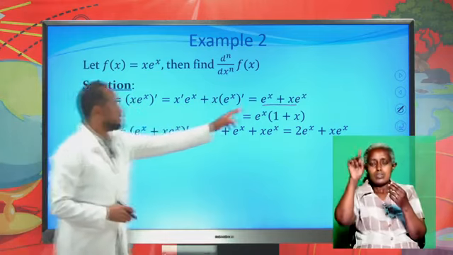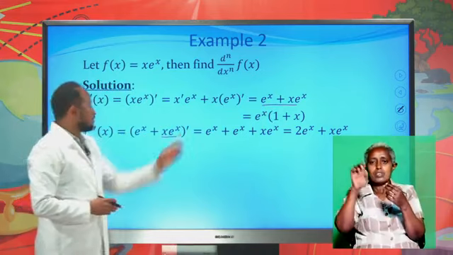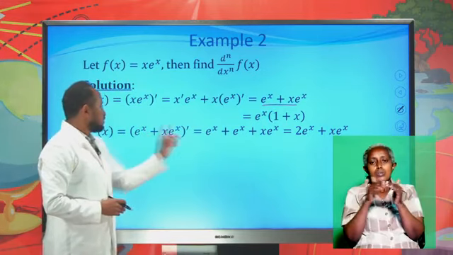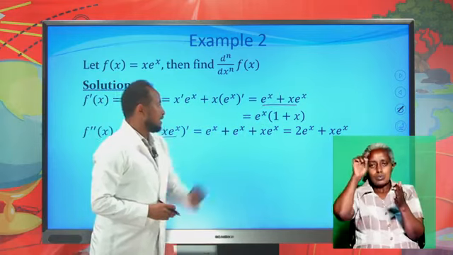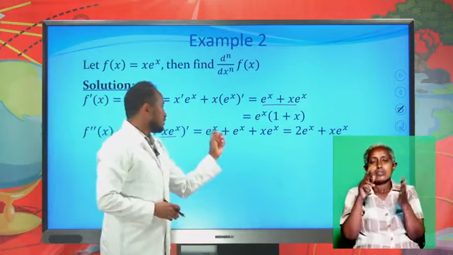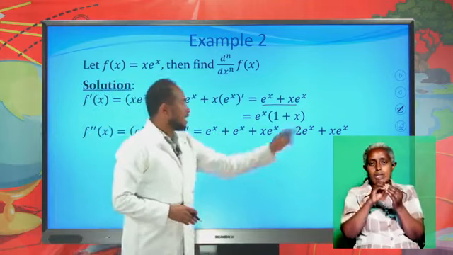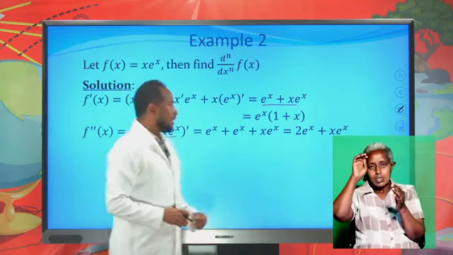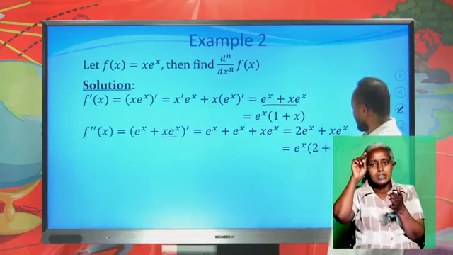It is e raised to x plus x times e raised to x. Therefore, this is equal to e raised to x plus e raised to x plus x times e raised to x. Simplifying, you will have 2 times e raised to x plus x times e raised to x. Again, factoring e raised to x, you will have e raised to x times 2 plus x.